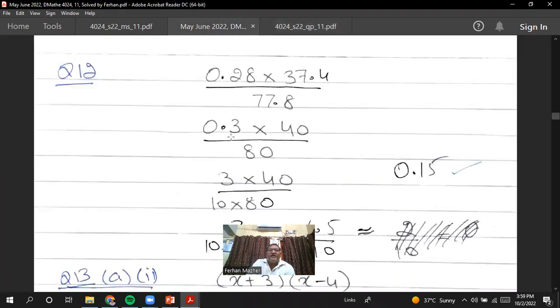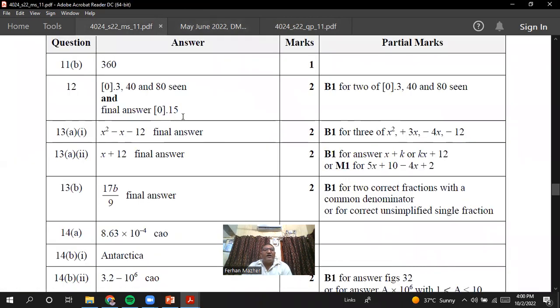So here you can see 0.3 multiply 40 divided by 80. So it will be 3 multiply 40 divided by 10 divided by 80. So your answer will be 0.15. You can round it off. It can be written as 0.2, but you can also write 0.15. So this is the answer. So let's check 0.15. And that answer is right.